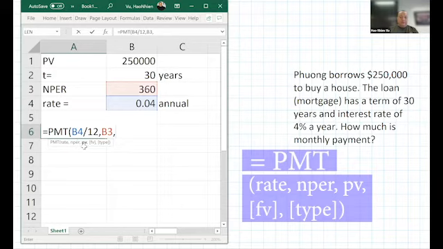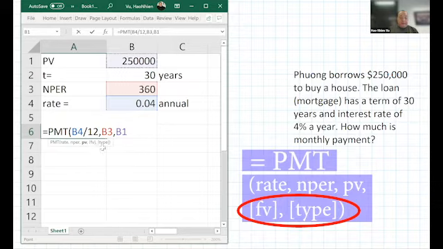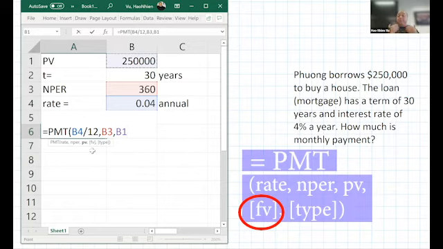The next number that we need to enter is PV. PV is 250,000 right here. And then the next two values that we are supposed to put in are FV and type. FV for future value has brackets around it. That means it's optional. You don't have to type it in if you take the default value. And the default value for these formulas is that future value is going to be 0.